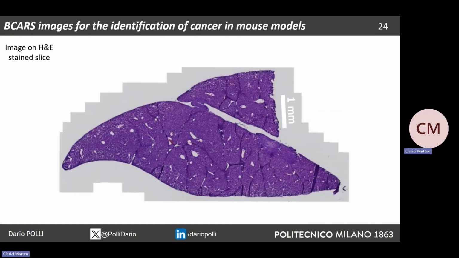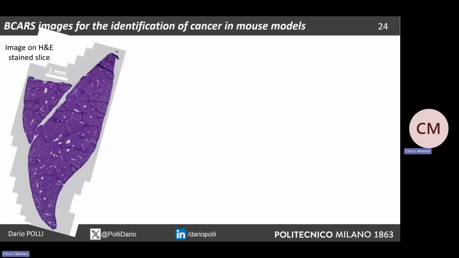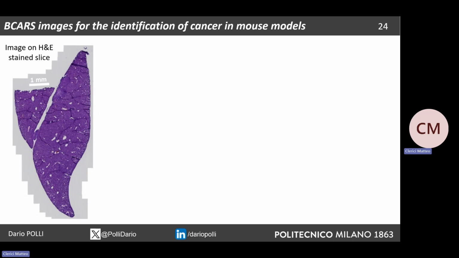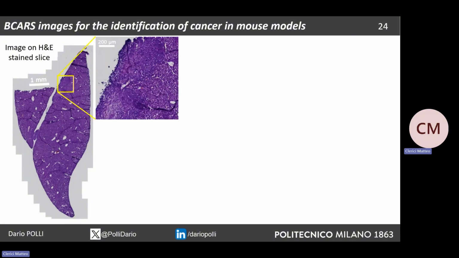We can do tissues. This is a mouse model in which you identify, so this is the H&E stained sample in which the histopathologist says that here there is a tumor. I'm not an expert, I cannot tell.